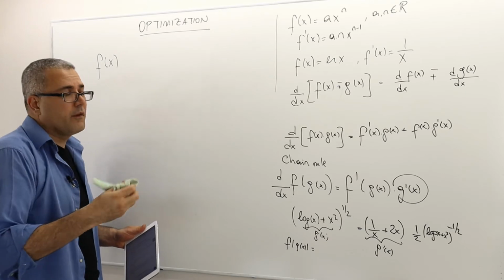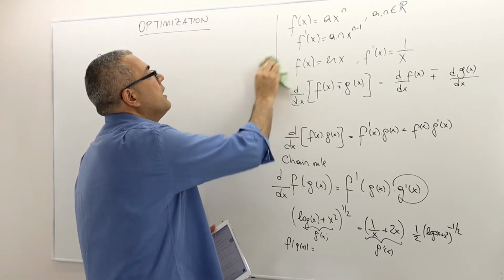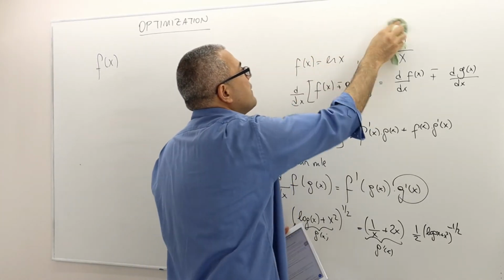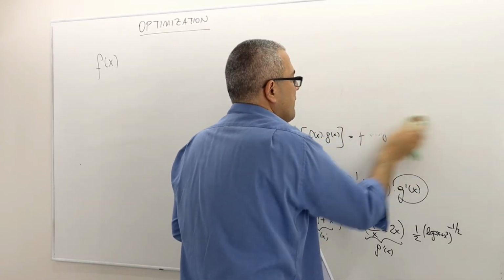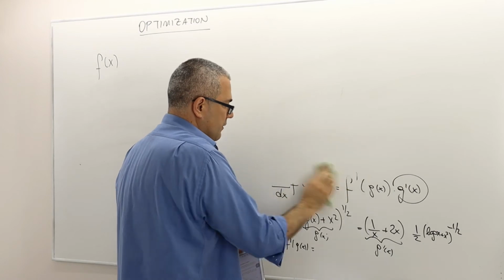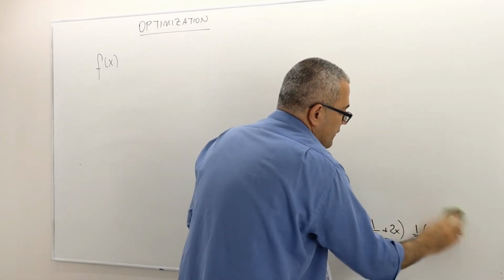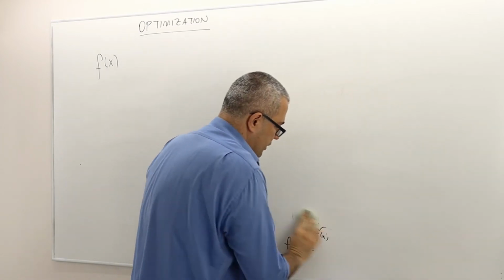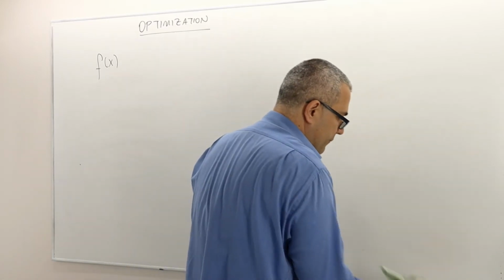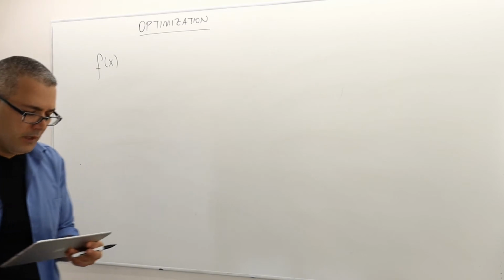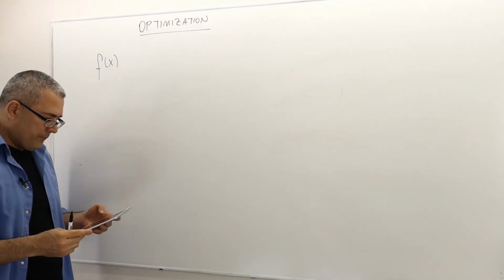Or if I want to minimize the function, I would like to find the point x which gives me the minimum value of f within this domain. There are terms which I assume you're familiar with, like local maxima, local minima, global maximum, and global minimum.